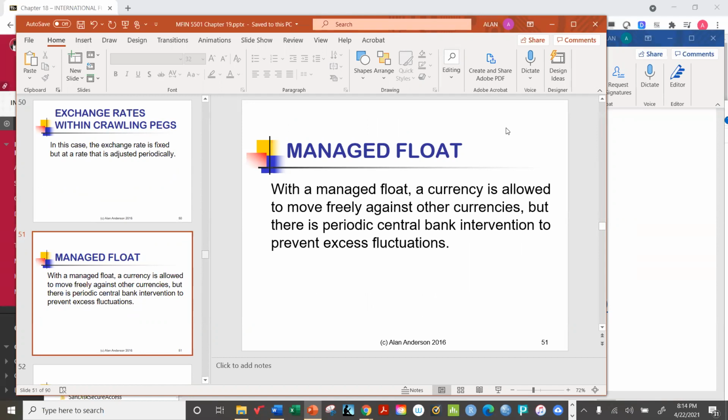Managed float means that, of course, the currency will fluctuate against other currencies. Its strength is determined in foreign exchange markets, but every so often, or possibly very often, the central bank will step in and intervene to keep it from rising too much or falling too much. Sometimes it's called a dirty float. It can be a sticky situation because this can attract a lot of attention from your trading partners who might not appreciate it if you force your currency to become weaker than it is in the marketplace.